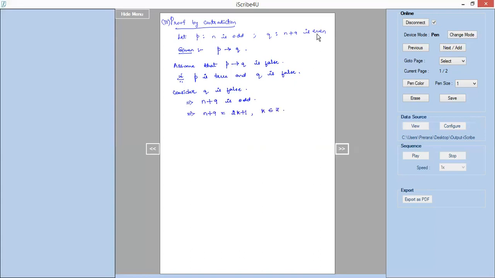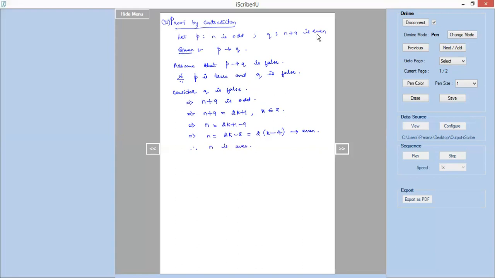So n is equal to 2k plus 1 minus 9, or n is equal to 2k minus 8, which is 2 times (k minus 4), which represents an even integer. So we have arrived at n is even.